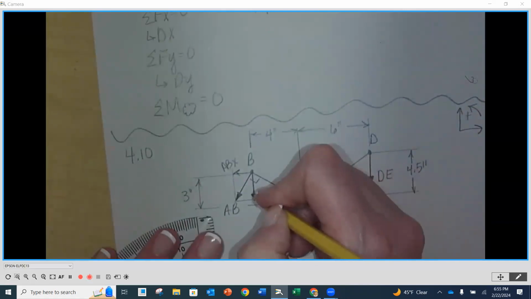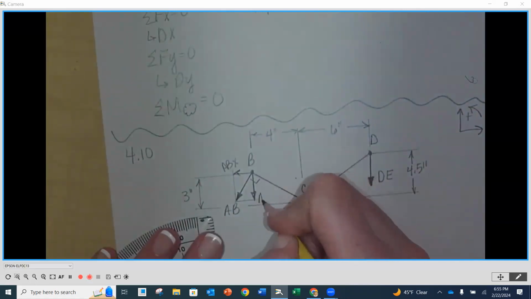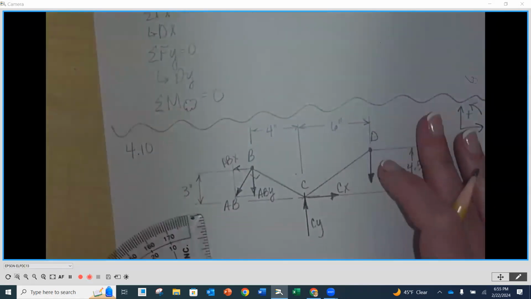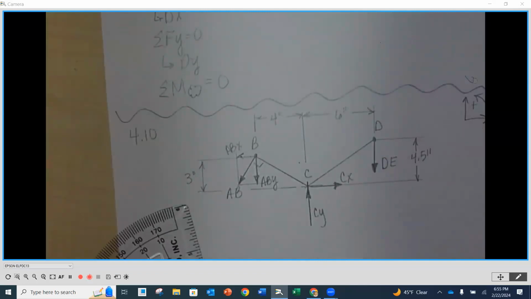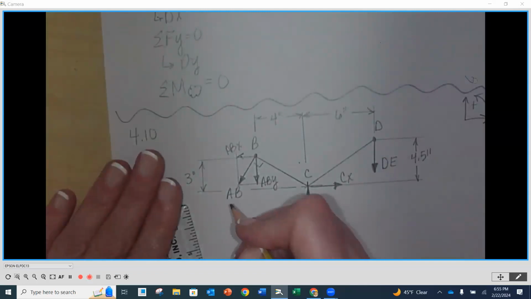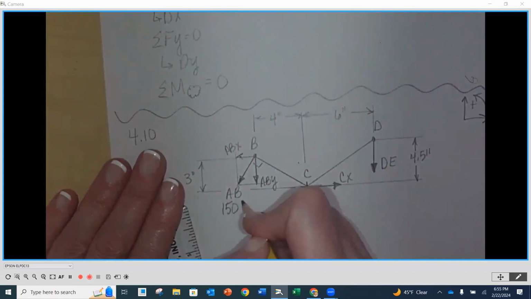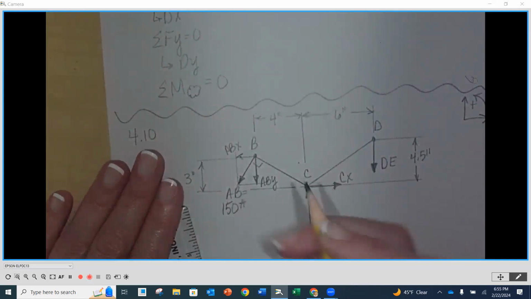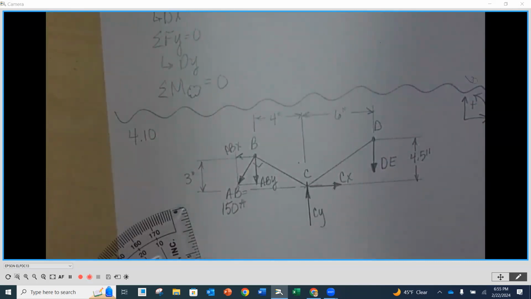And an ABY. Now, do we know what... oh, we do know AB is 150, right? Is it pounds? Yeah. There we go. It is 150 pounds. So that's good. It's always nice when you have resolved numerical components.